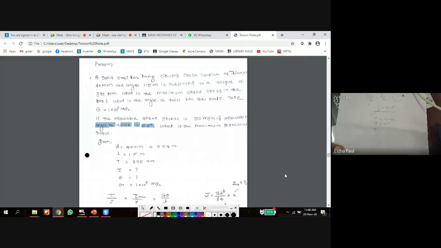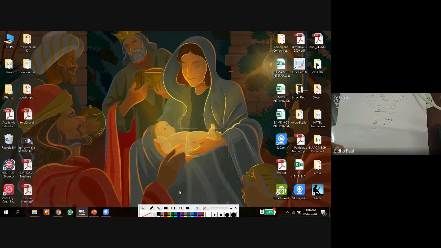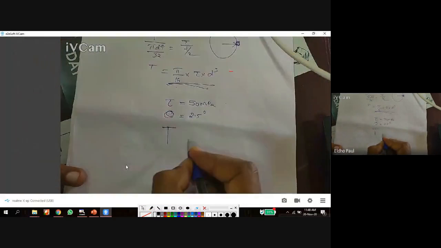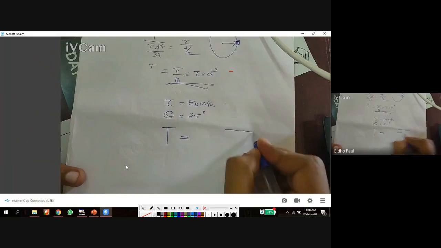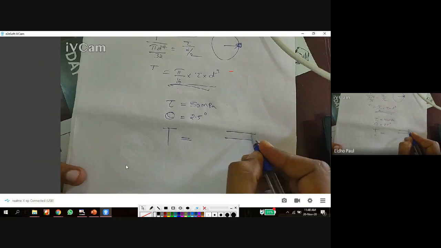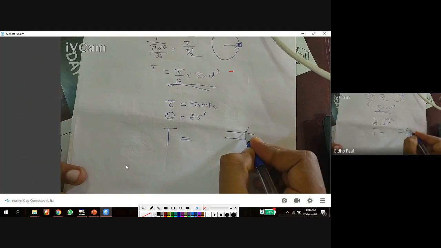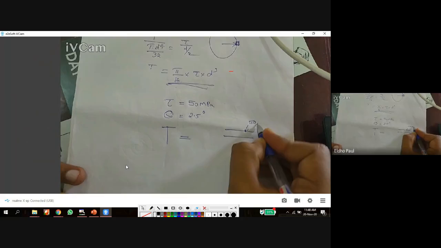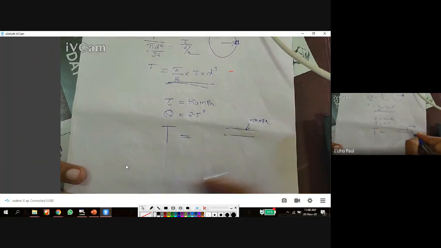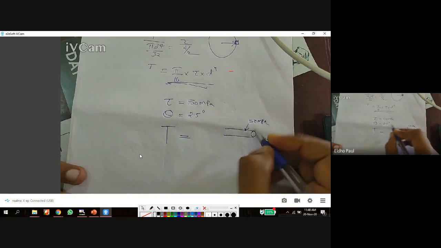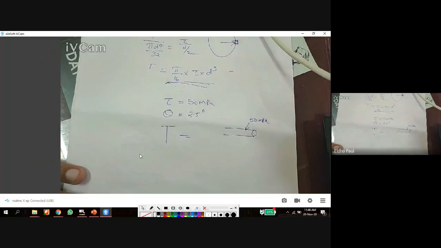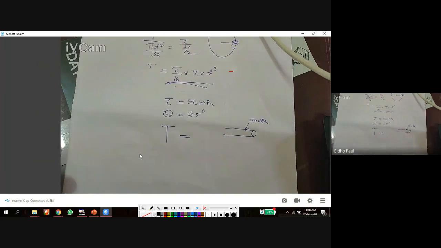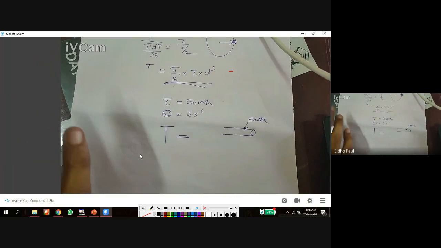So for a shaft with a material of allowable shear stress of 50 megapascal and allowable angular twist, if the angular twist is greater than 2.5 degree, then we can consider that a shaft failure.